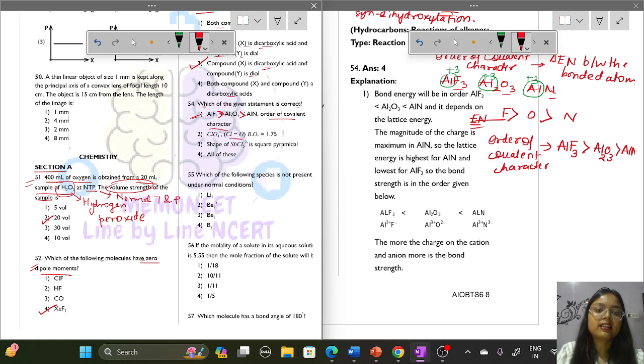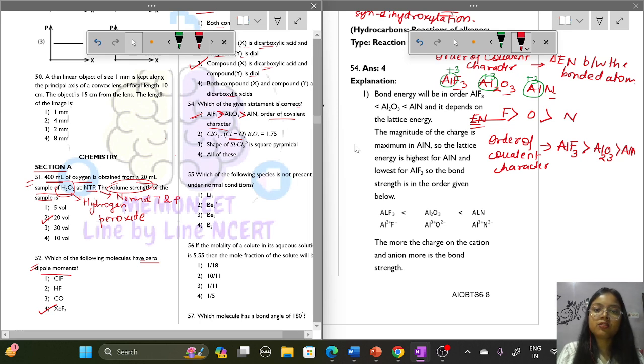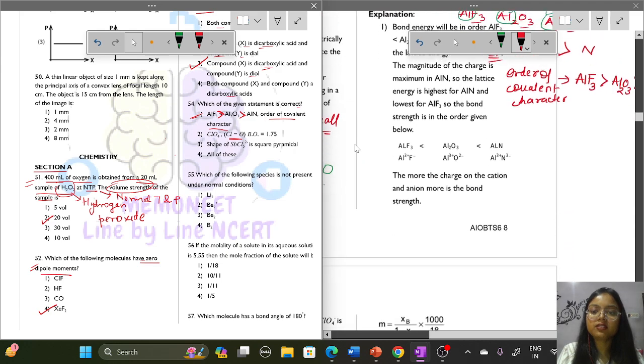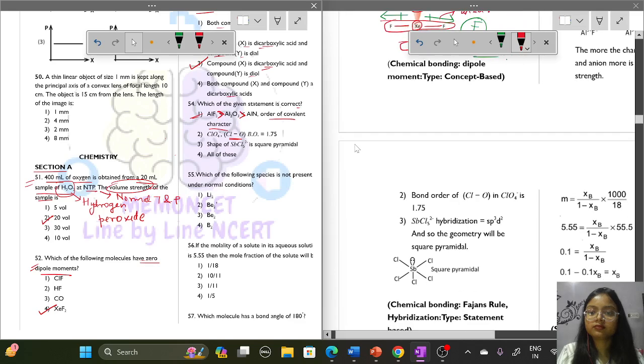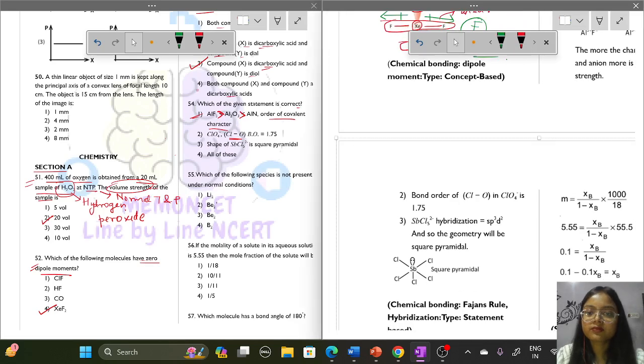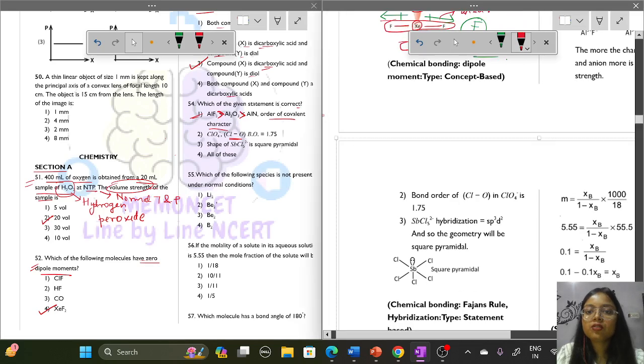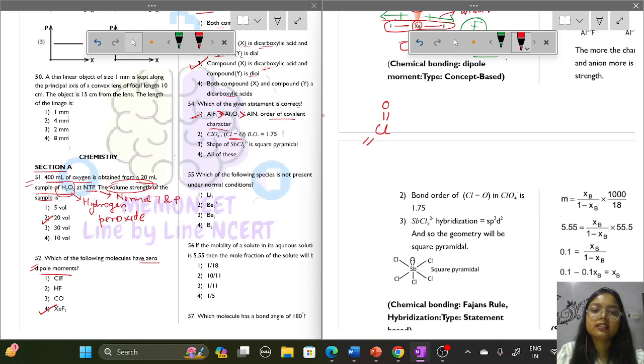For ClO4 minus, the bond order of Cl-O is asked. So how can we find out the bond order? The structure of ClO4 minus can be drawn in this way, with Cl, 3 oxygen and 1 oxygen with a minus charge.